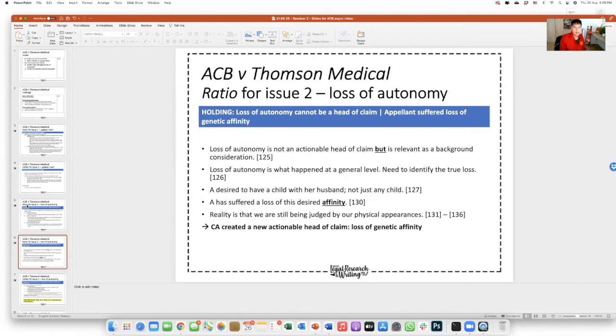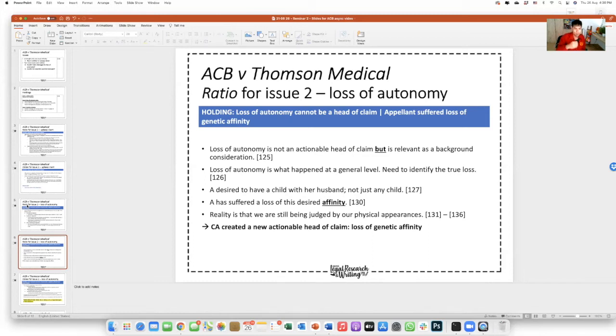Okay? Now, the court actually then went on to talk about how loss of autonomy is still valuable because it works in the background, but it's not the direct head of claim. The court then went on to say, look, what the appellant is losing here is not technically autonomy, but a loss of genetic affinity. And realize the court went one step further to explain why there was a loss of genetic affinity. The appellant wanted to have a child with her husband, not just any child.